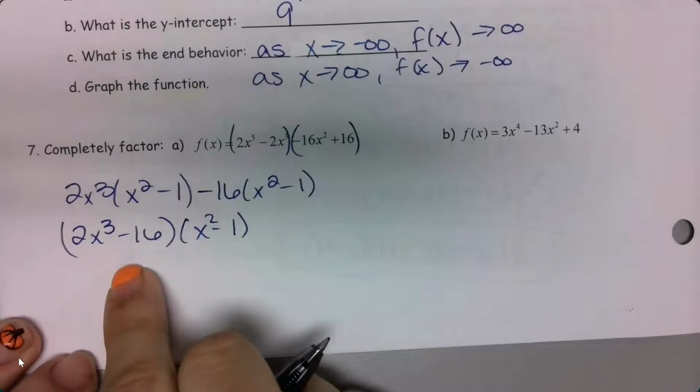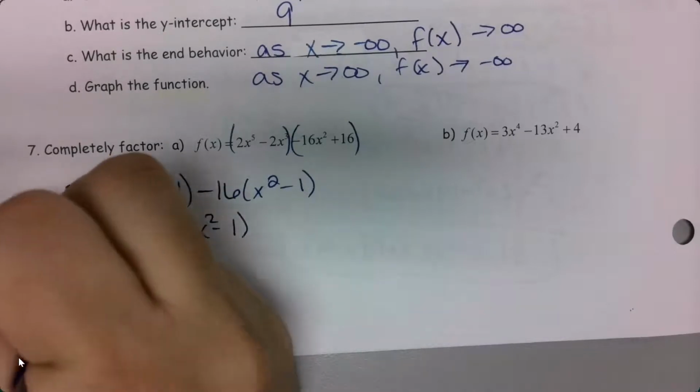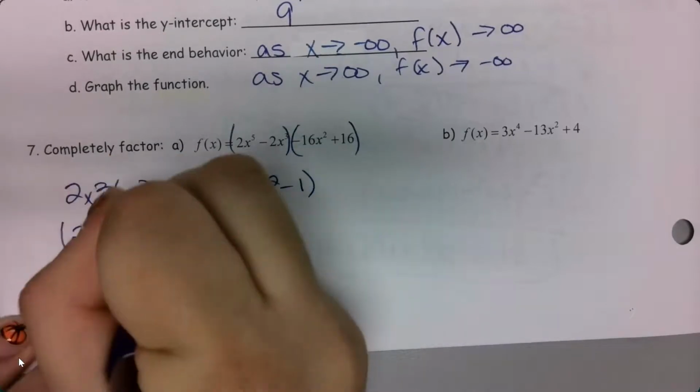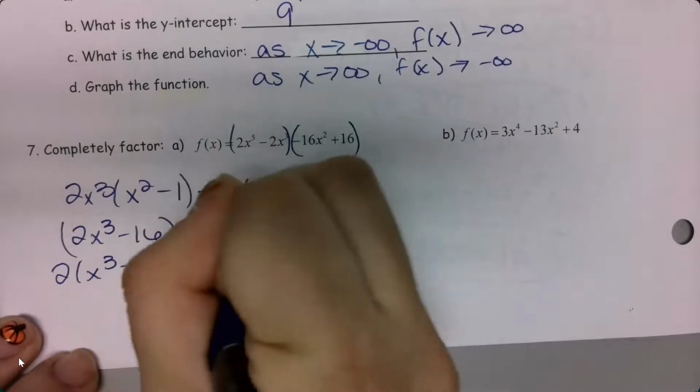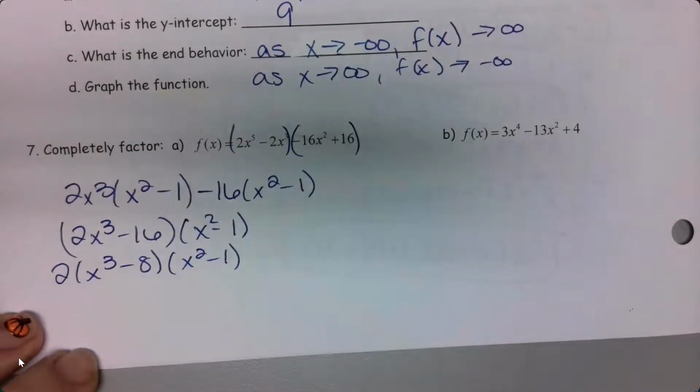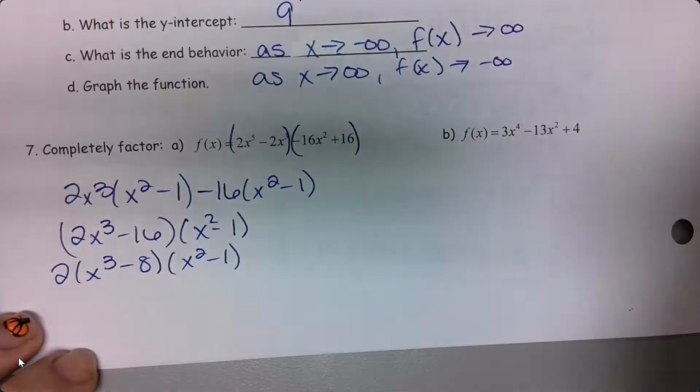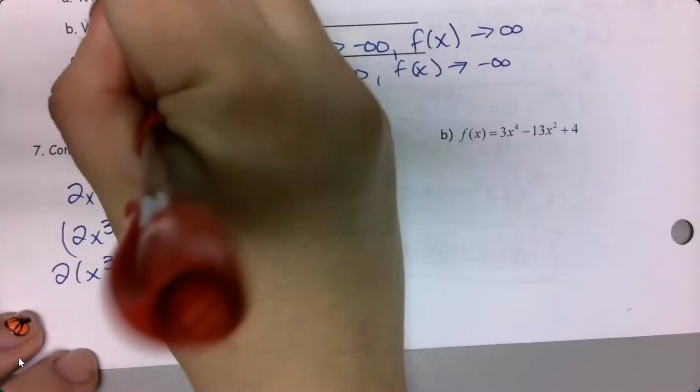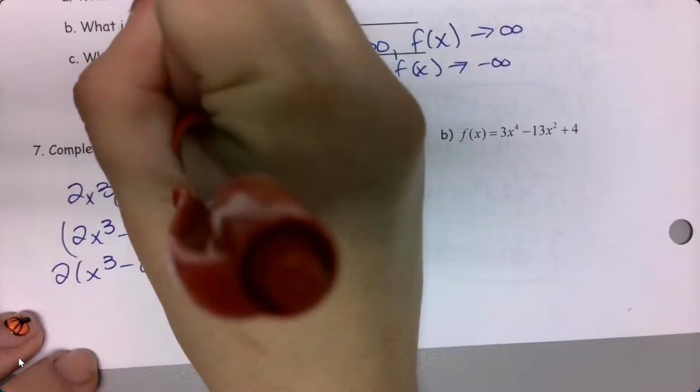This first one, I can pull out a 2. That's going to give me x cubed minus 8. And then I have x squared minus 1. This is a difference of cubes. I wrote down that formula earlier, but I'll write it down again. Oops, this should be a cubed.